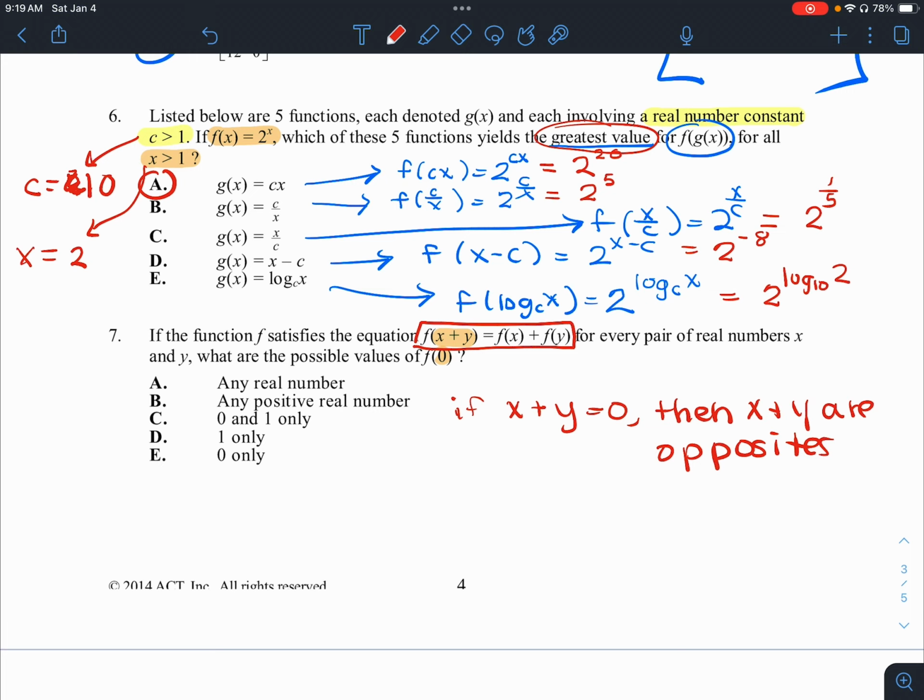So if those are opposites, I'm just going to plug in an example here. That means if I did f of 2 plus f of negative 2, if this was my x and this was my y, those are obviously opposites. And that would be what f of 0 would be.